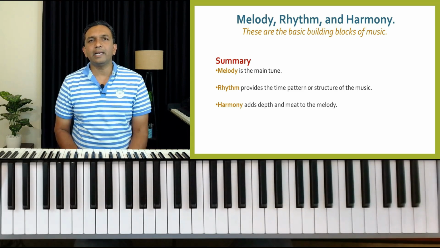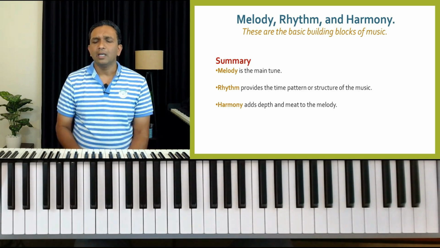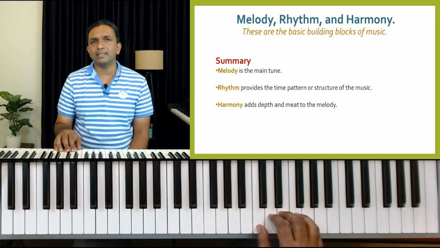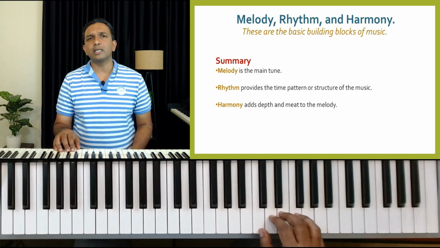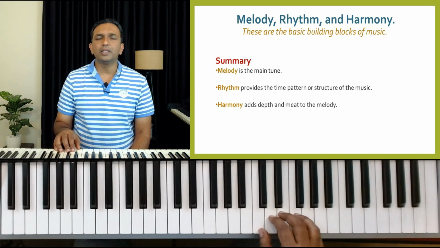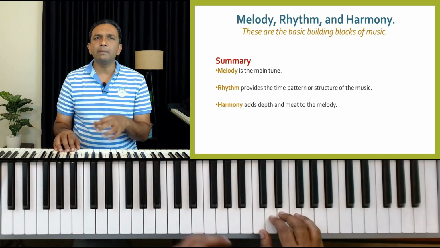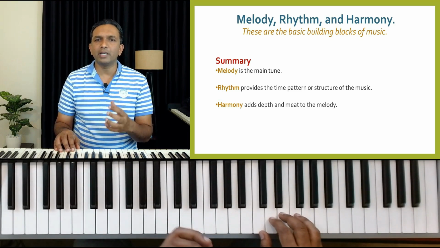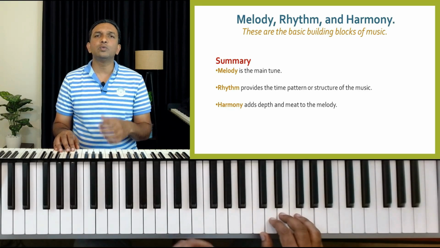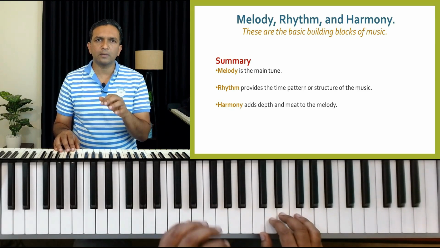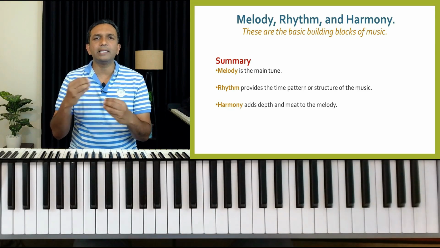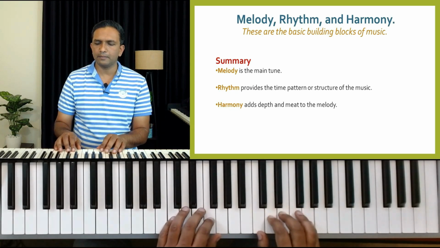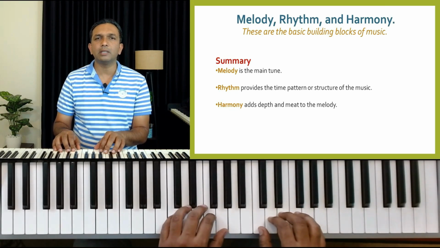So this is the melody of the song Twinkle Twinkle Little Star. I can play it this way, but to make it more interesting, let me bring in the harmony. That means let me bring some more notes. For this I will start using chords, use more notes. Then it will become a little more interesting. Let's start. The same melody with the harmony.